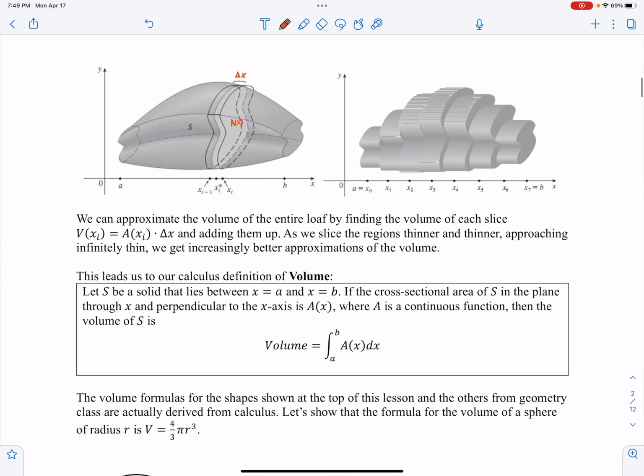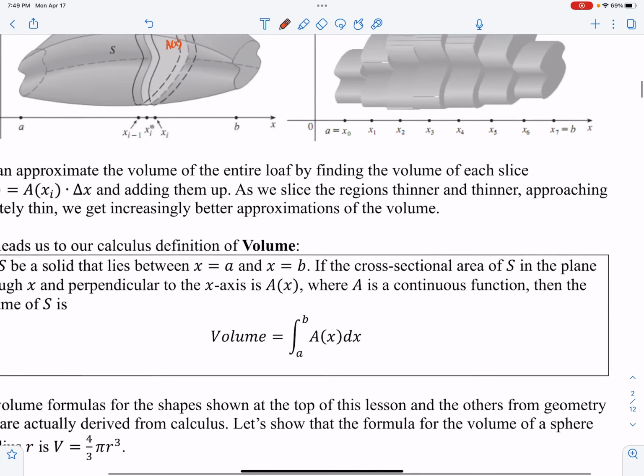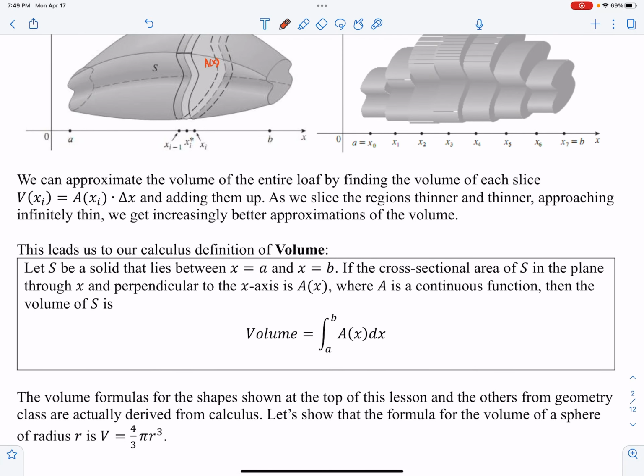So this is the idea behind how we can calculate the volume of a solid. If you can picture that solid as lying between two values, like think of it as being in the xy plane, where the solid lies between x equals a and x equals b.